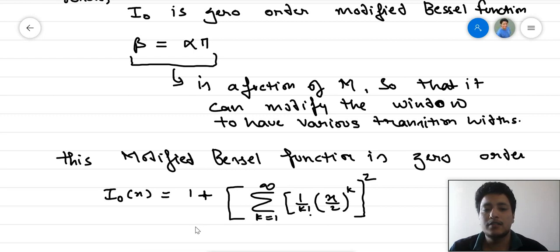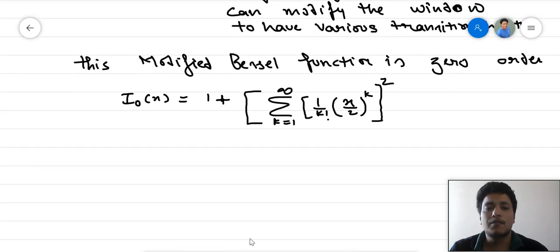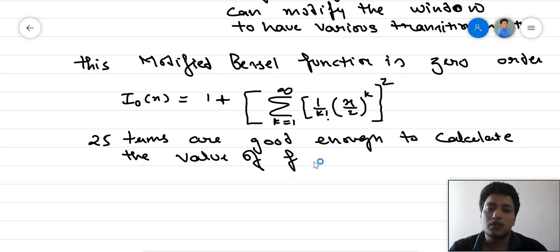This is an infinite series which is actually converging. If somebody wants to solve it, 25 terms are good enough to calculate the value of the function.